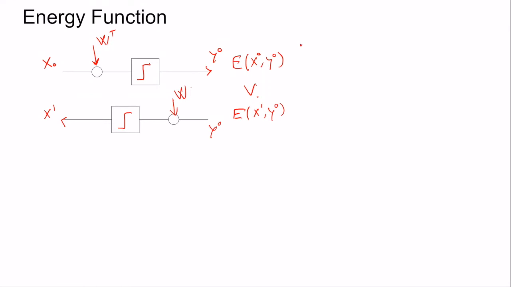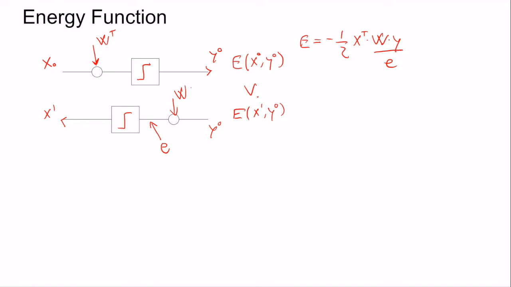And the energy is defined as minus 1/2, which is just a constant, multiplying x transpose times W times y. Now I'm going to call Wy my excitation, and denote it by E. So this is the excitation of my input neurons.